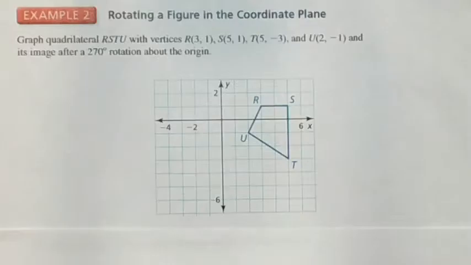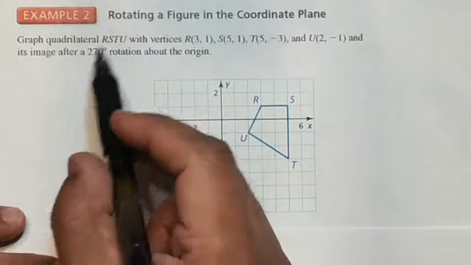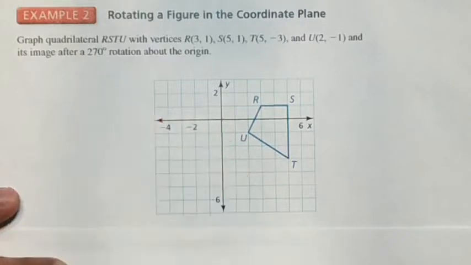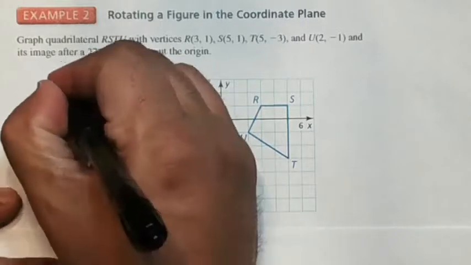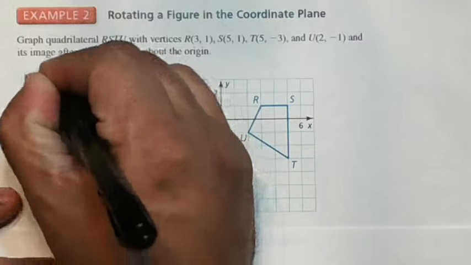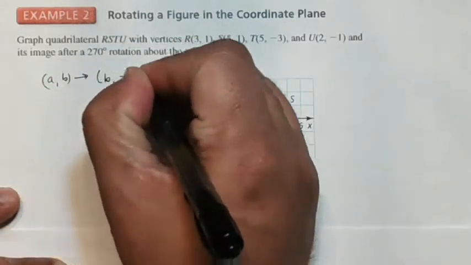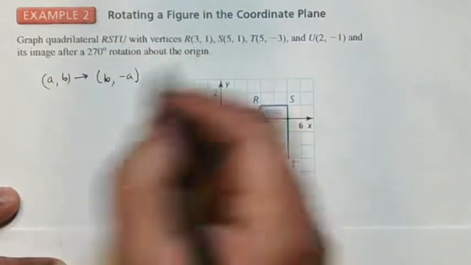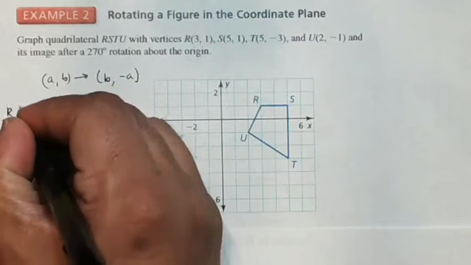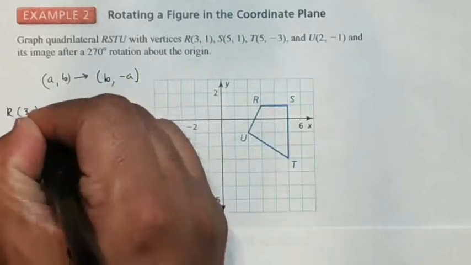Alright, here's example 2, and we're going to look at using these patterns. The first one we're going to look at is 270 degrees. When we have a coordinate (a, b), what happens is that we get (b, negative a). For our coordinates, R is at (3, 1).